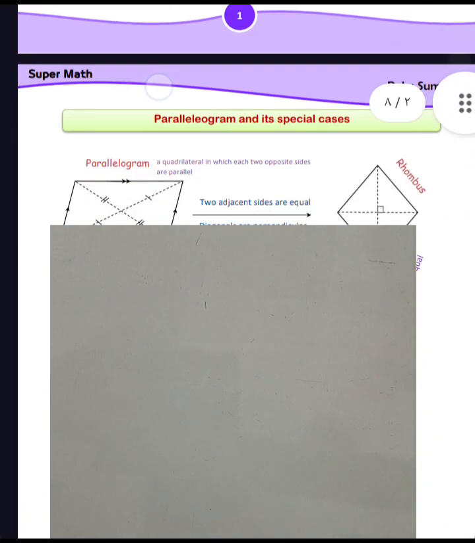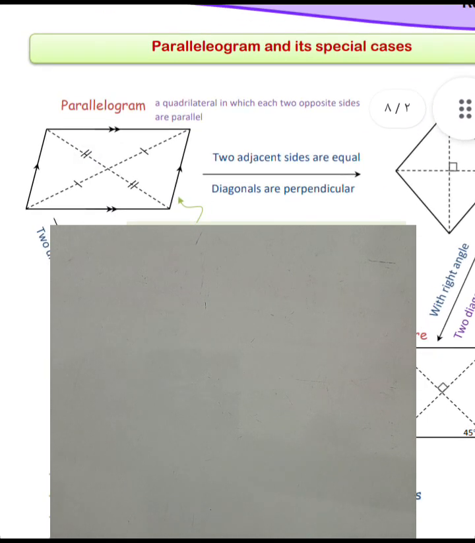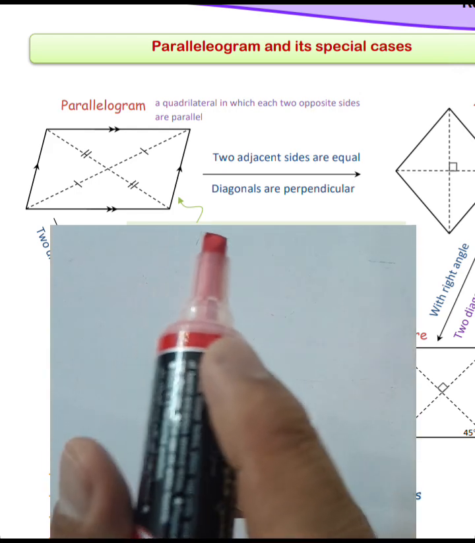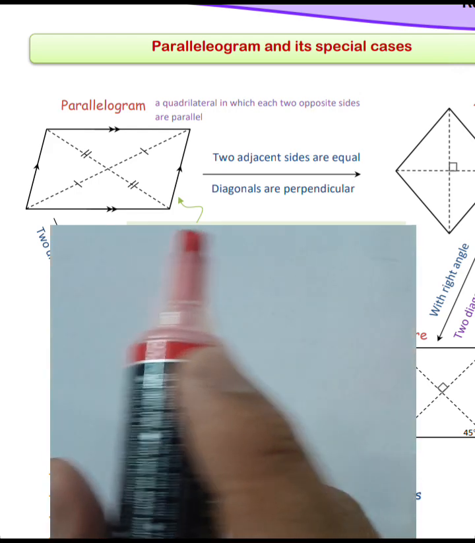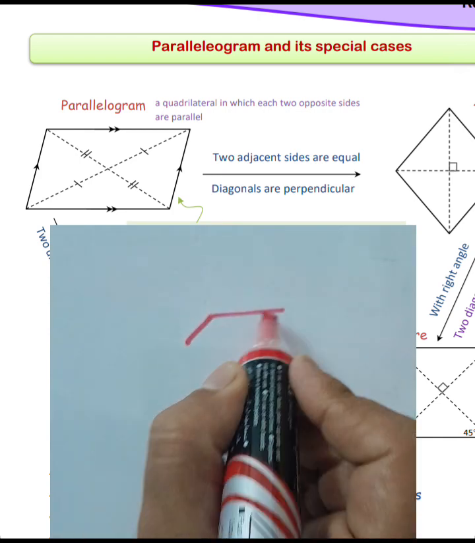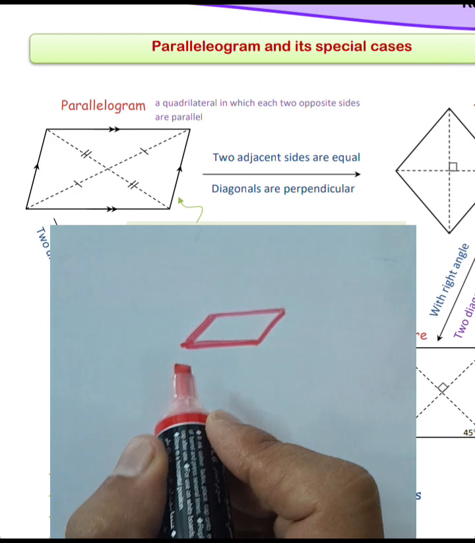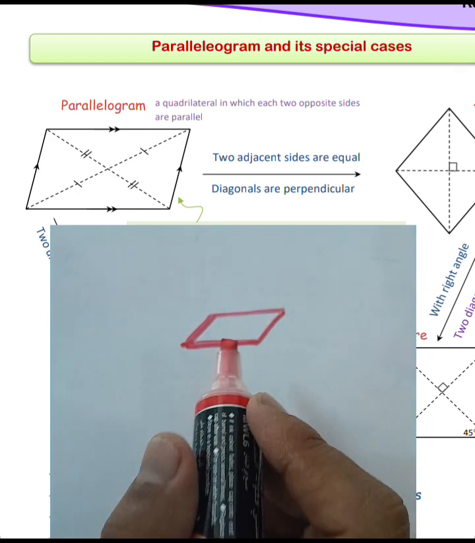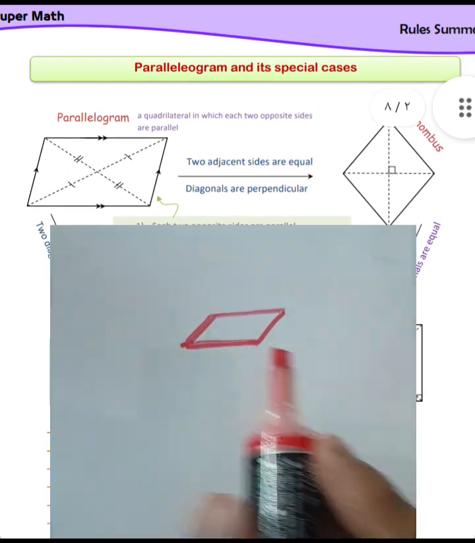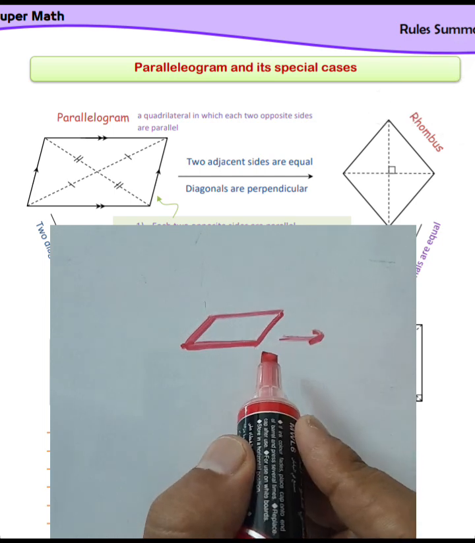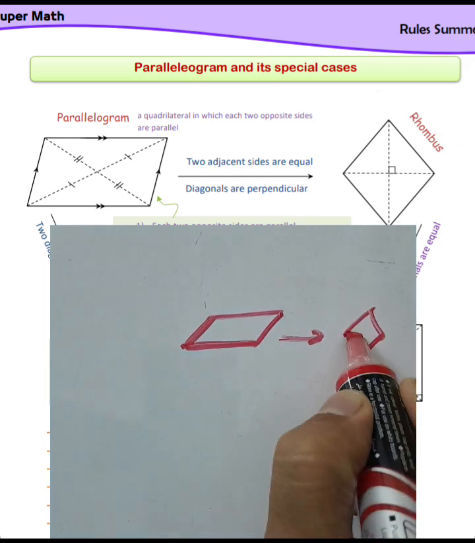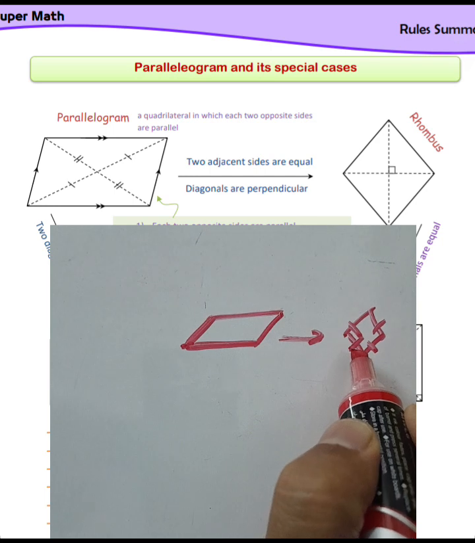Parallelogram and its special cases. Look with me at the parallelogram and its special cases. A parallelogram is a quadrilateral in which each two opposite sides are parallel and equal lengths. We call it a parallelogram. The parallelogram will be a rhombus if two adjacent sides are equal lengths.